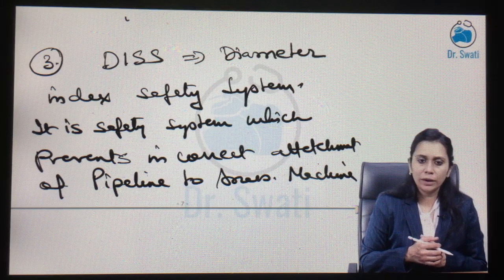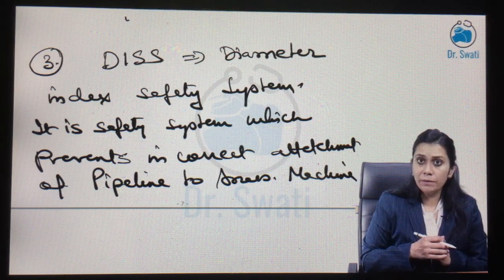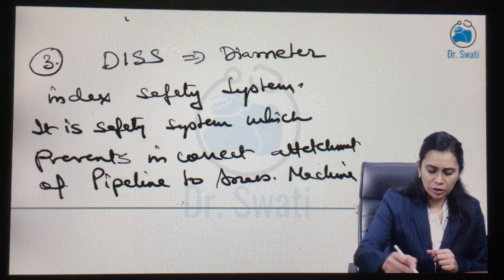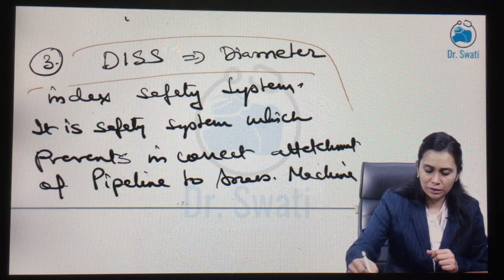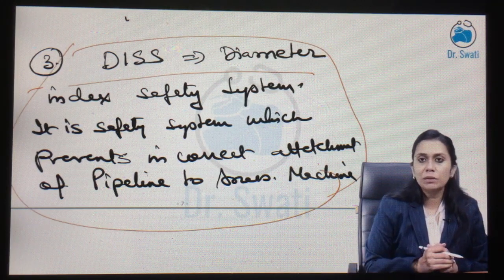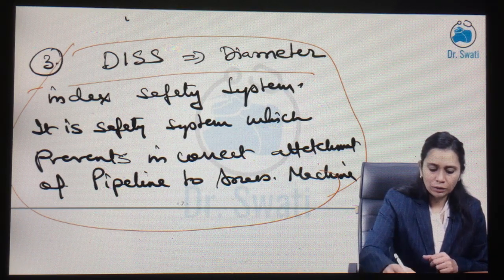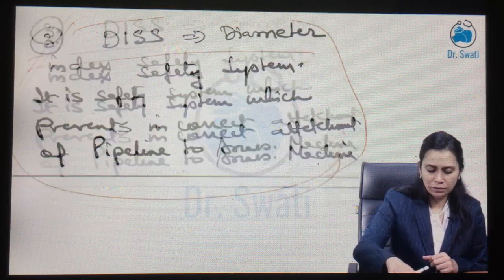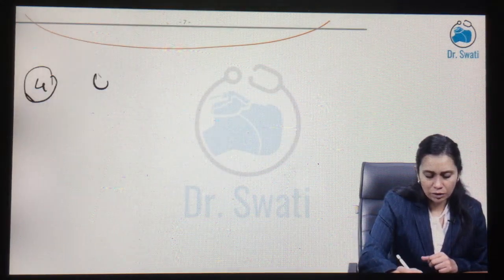Got it, everyone? This is a very important point, guys. This question has been repeatedly asked, what is DISS? It is a safety system which prevents incorrect attachment of pipeline to the anesthesia machine. Got it? Now there is one more part of the intermediate pressure system, something called emergency oxygen flush.